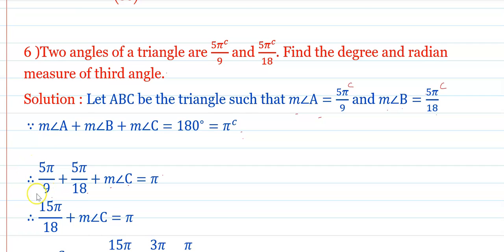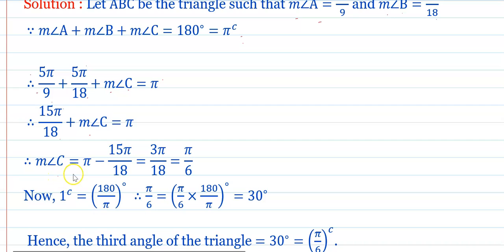and if we simplify, याला numerator denominator ला आपण 2 ने मल्टिप्लाय करणार. You will get 18 in the denominator. 5 into 2 is 10 pi plus 5 pi, you will get 15 pi upon 18, plus measure of angle C is equals to pi, and hence measure of angle C is equals to pi minus 15 pi upon 18, and if we simplify, 18 pi minus 15 pi, you will get 3 pi upon 18, and hence it is pi by 6.